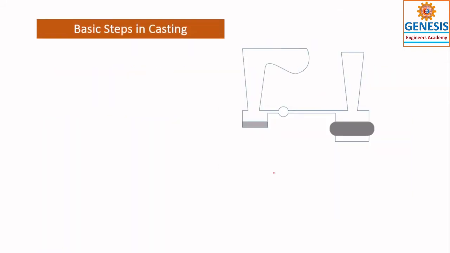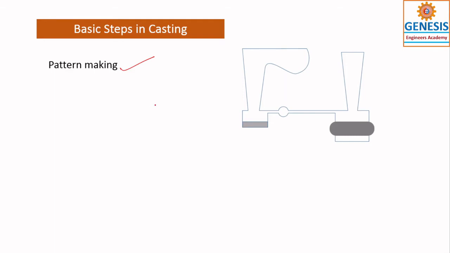The basic steps involved in the casting process in the foundry shop, foundry section, or any industry line: first, we have to make a pattern. This is the costliest effort of all. For the first time, you have to make the pattern based on the part you want to have.